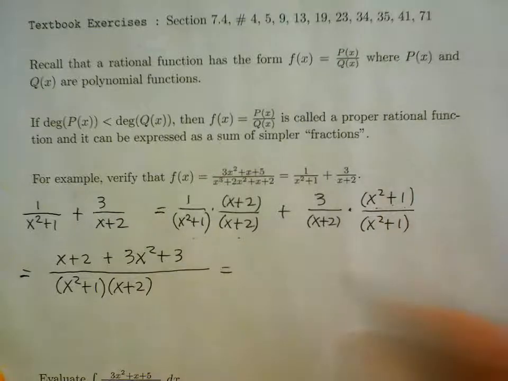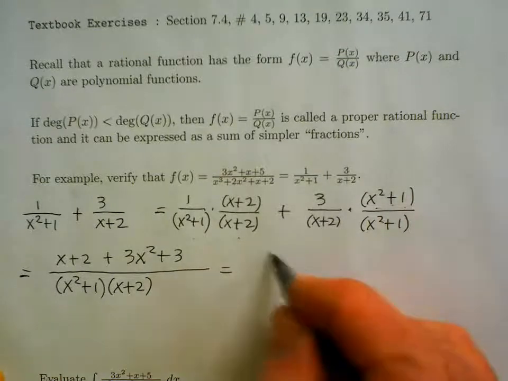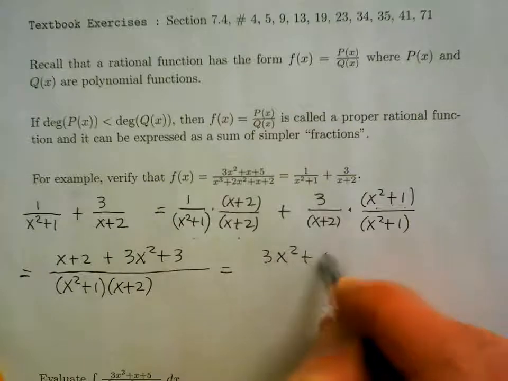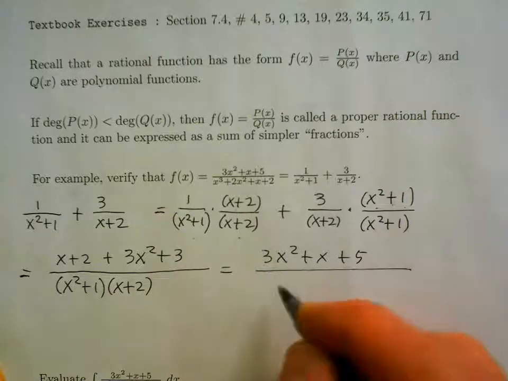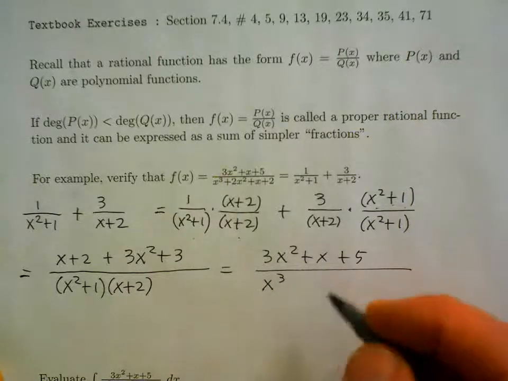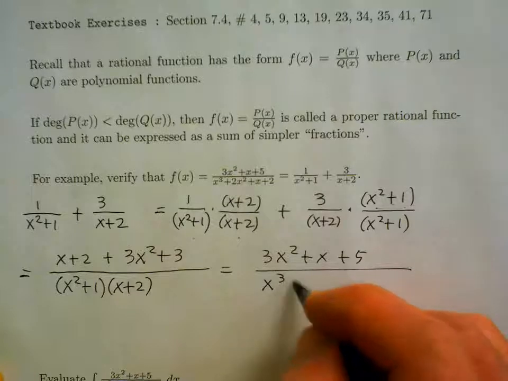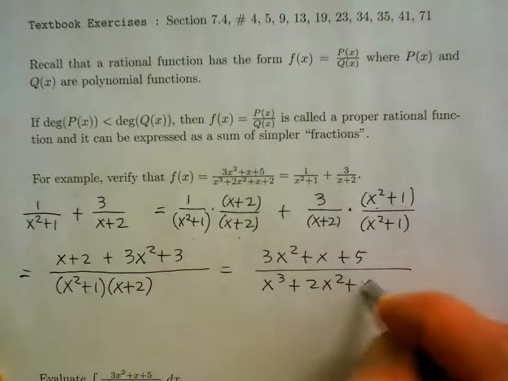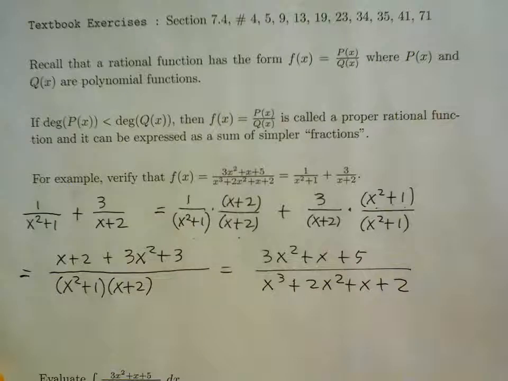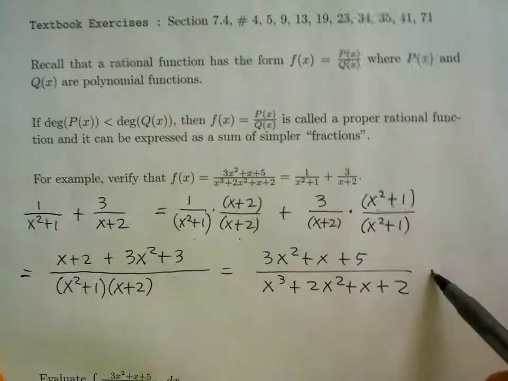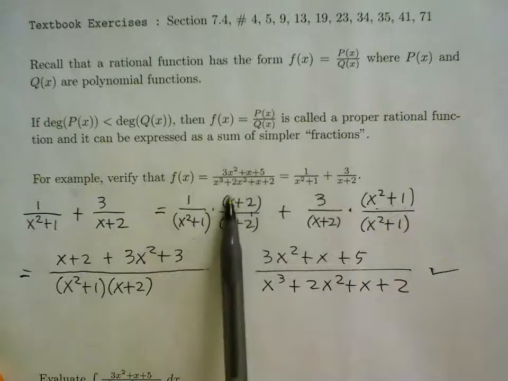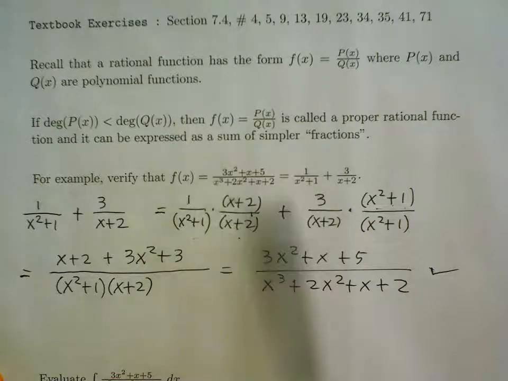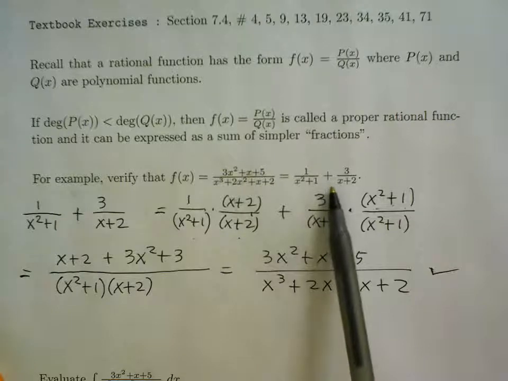So we'll simplify the numerator and put it in standard form, so we get 3x squared plus x plus 5, and then the denominator x to the third plus 2x squared plus x plus 2. Okay, so it looks like we have successfully verified that this proper rational function is the sum of two smaller fractions.